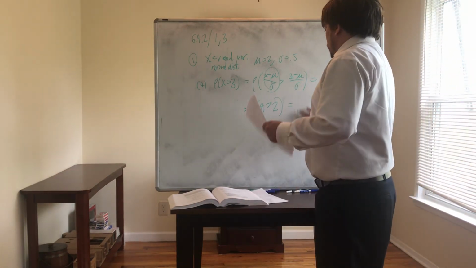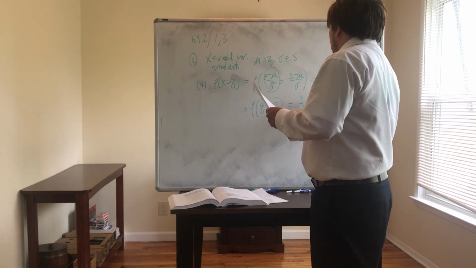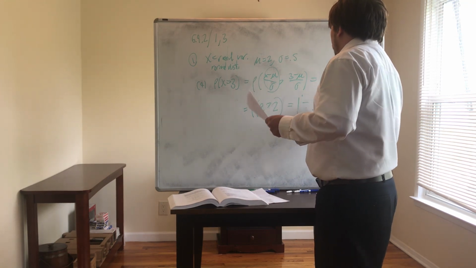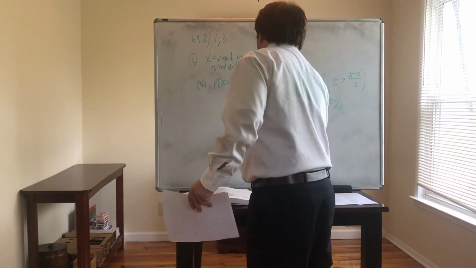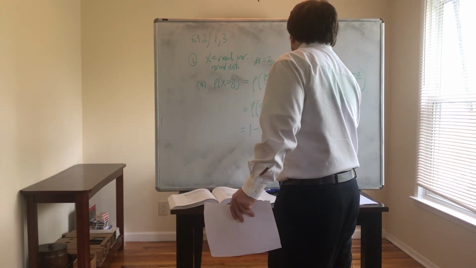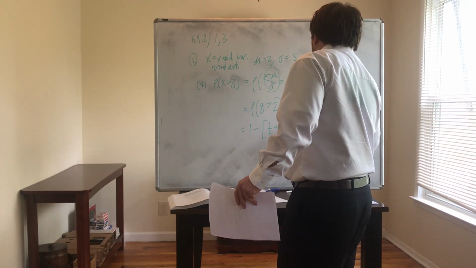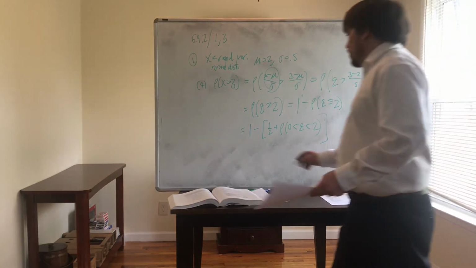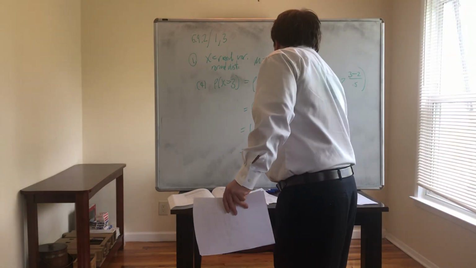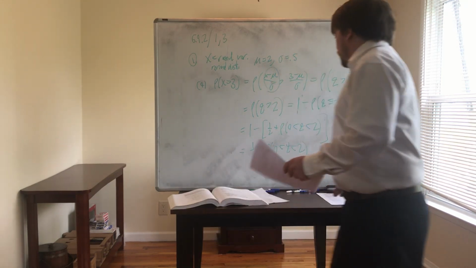That's equal to, so I guess I could be more specific, 1 minus the probability that z is less than or equal to 2. And that's equal to 1 minus 1/2 plus the probability that 0 is less than z, less than 2. Okay, and so then that's equal to 1/2 minus the probability of 0 less than z, less than 2.